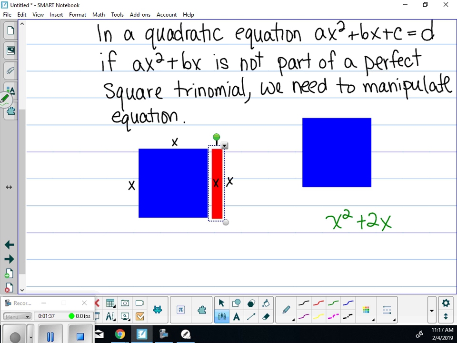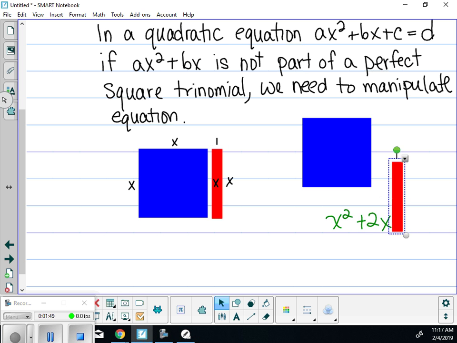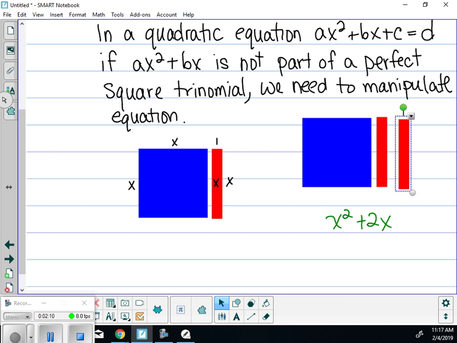Let's say I just have x squared plus 2x, and I want to know how I can complete that square. So I have an x squared, and I have 2 x's. How would I rearrange these so that they are as close to square as possible? Should I put them right next to each other like this?